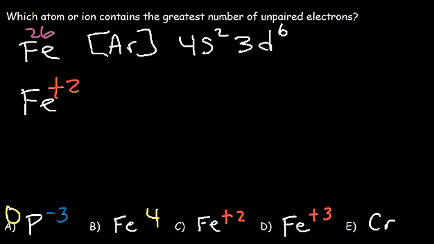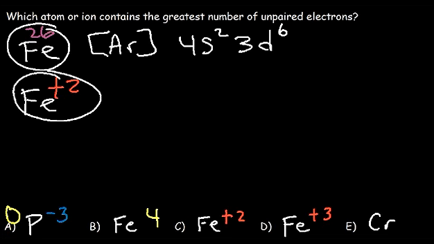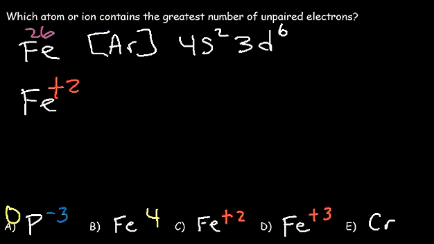Now for the Fe plus 2 ion, because it has a plus 2 charge, that tells us that there's 2 more protons than electrons. Now Fe and Fe plus 2, they both contain 26 protons, since the atomic number is always 26 for Fe.